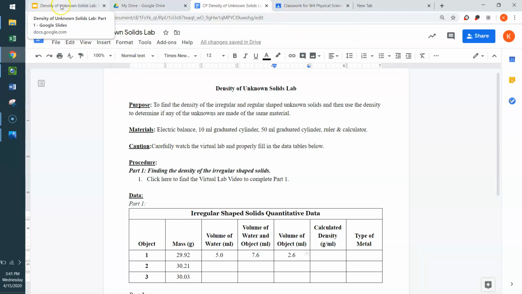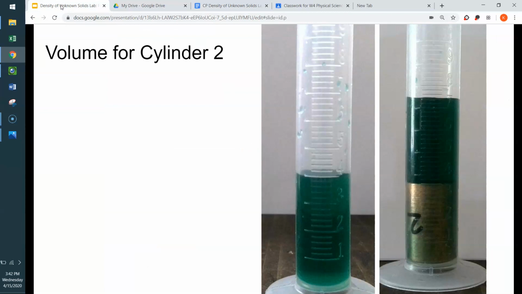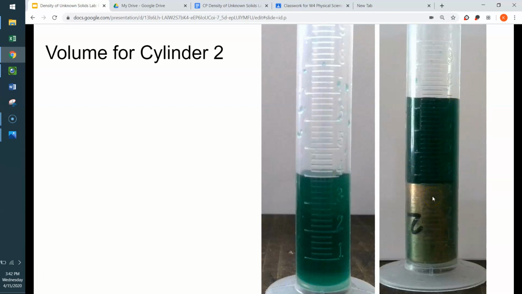Now, I'm going to show you the pictures for the other two cylinders and have you fill in the chart by yourself. So here you are. The very first picture is the empty graduated cylinder. You should record that volume. And then here again is the second cylinder that has been dropped into the graduated cylinder, and the water volume goes up to here.